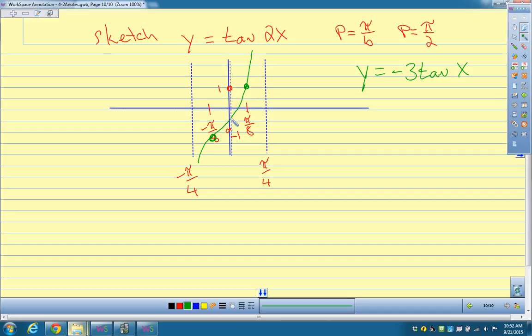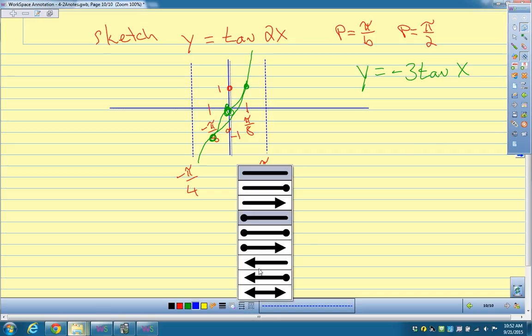Whoops, this should go through 0, 0. I messed up. But it should go through 0, 0. But y equals negative 3 tangent of x is going to, where's my, here.